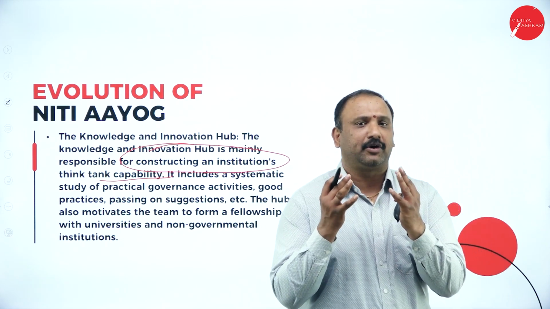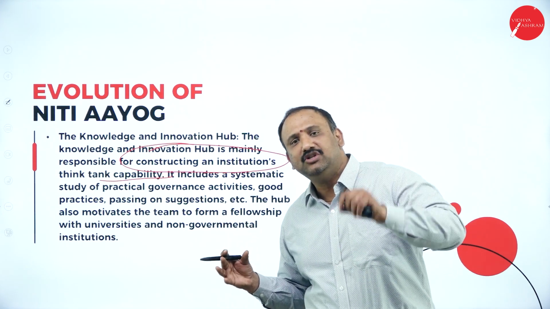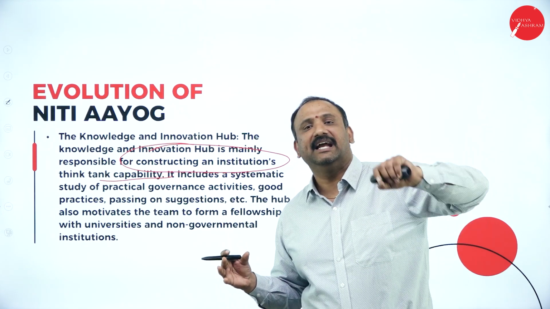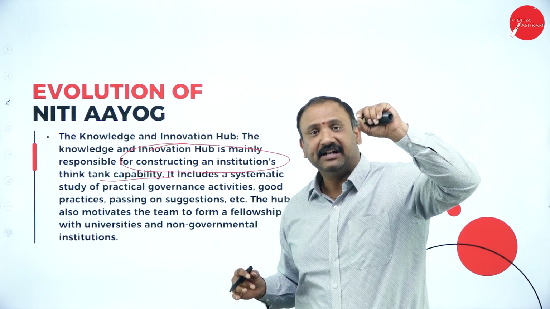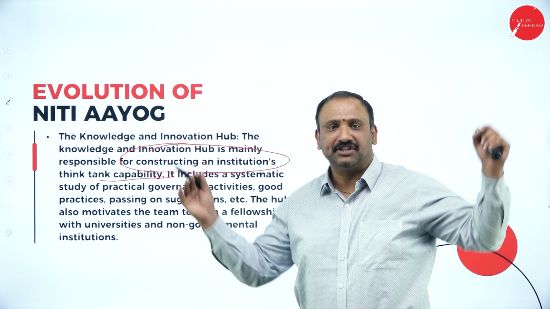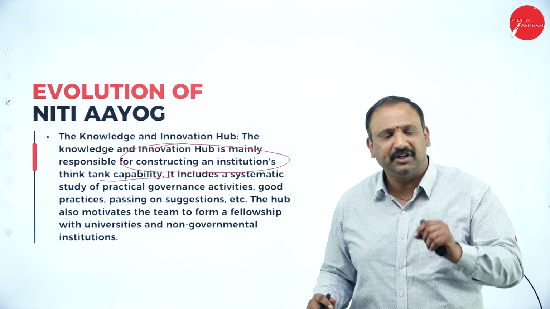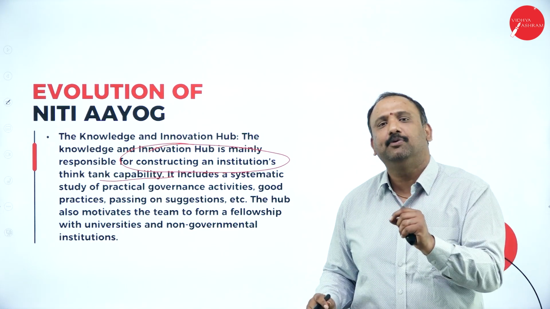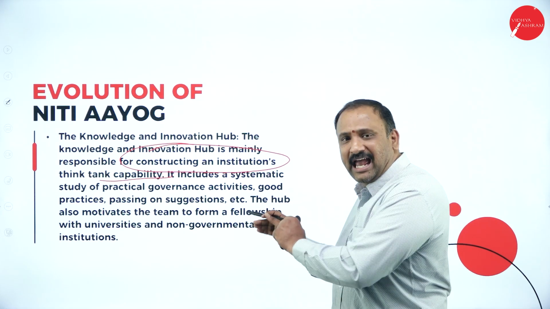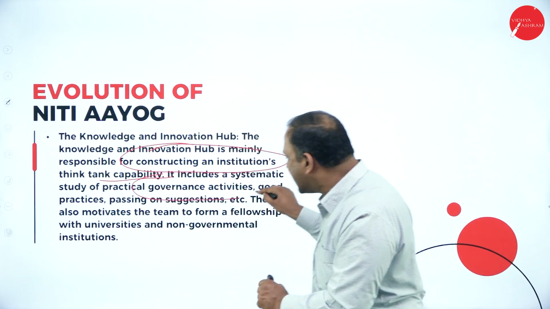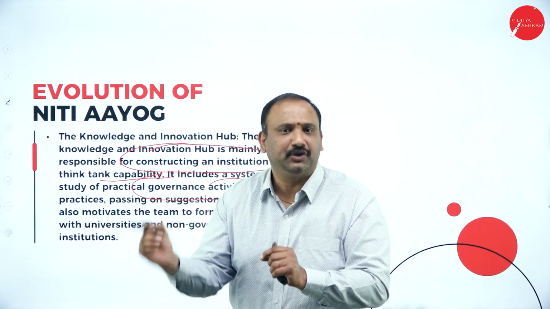Today, when we are talking about the constitution, India is known for its security. India is known for its wisdom, for its knowledge, which has been created over so many ages. Now, what we need is modern knowledge with significant inputs combined with the prowess of technology that could actually help us in practical governance activities, passing on good practices from one generation to the next.